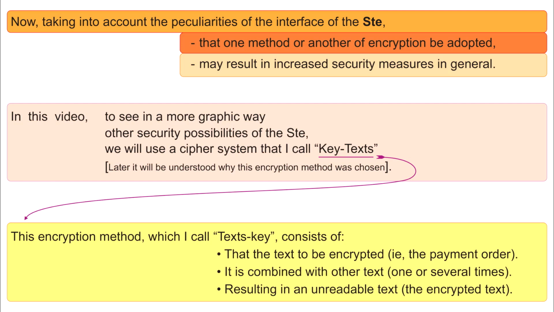Later it will be understood why this encryption method was chosen. This method consists of the text to be encrypted, i.e., the payment order, being combined with other text, one or several times, resulting in an unreadable text, the encrypted text.